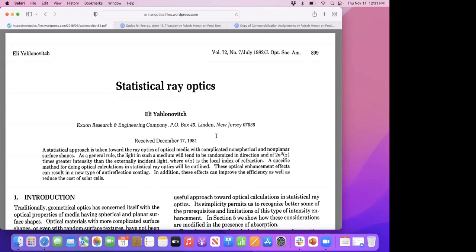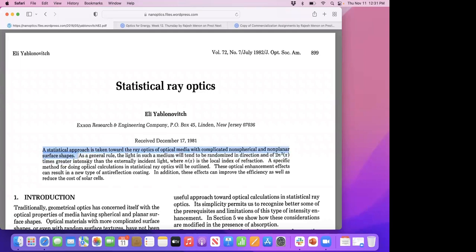Here, the idea is could we think about much more complicated shapes like random textures or hexagons or whatever? And of course, we know these random shapes are very important for solar panels, as we talked about anti-reflection coatings and things like that. So this is the basic concept. That is, can you use a statistical approach to understand ray optics or optical media with complicated non-spherical and non-planar surface shapes?